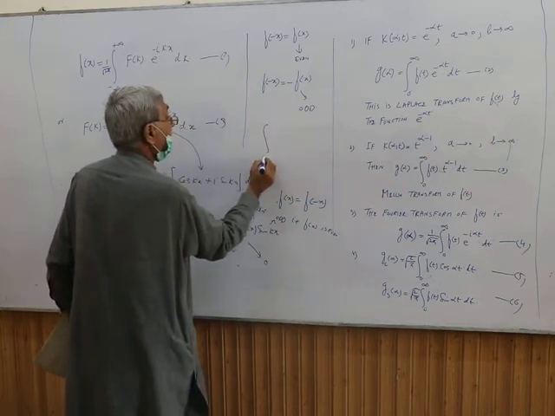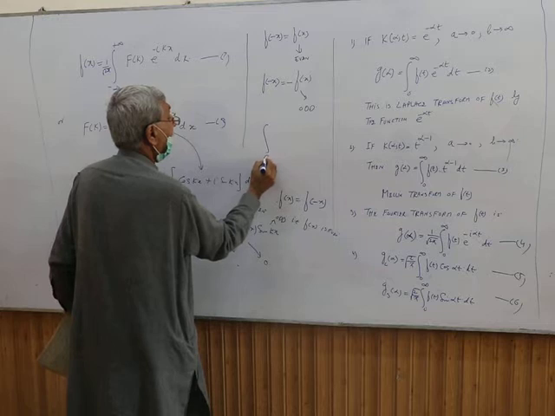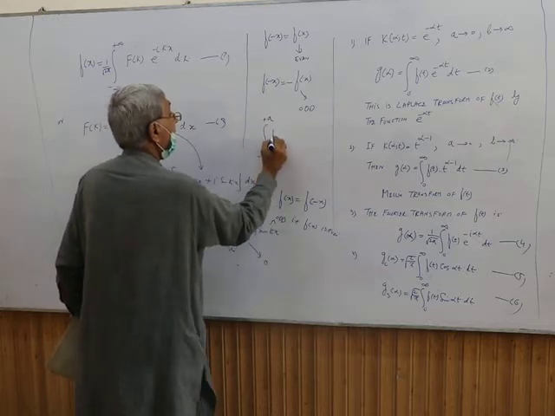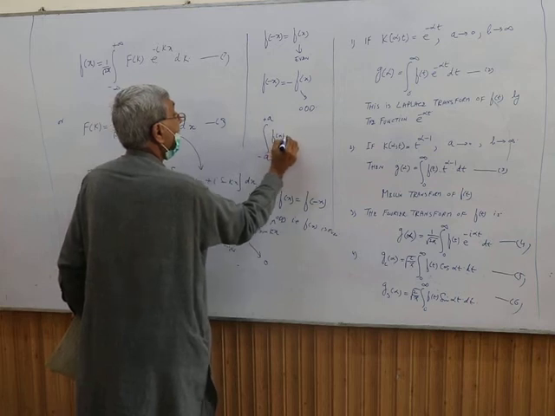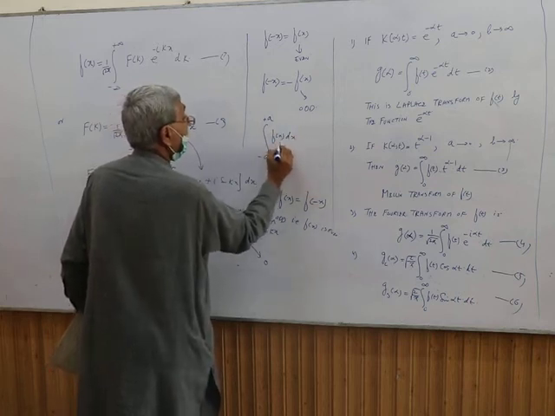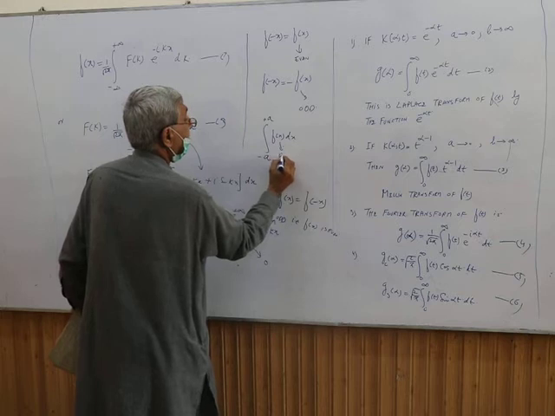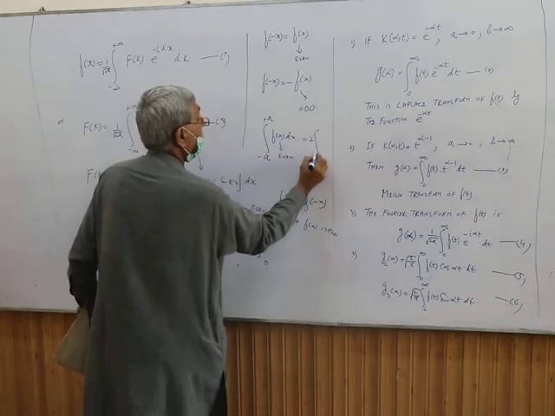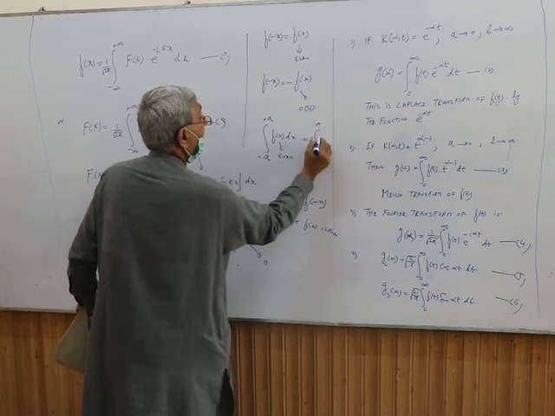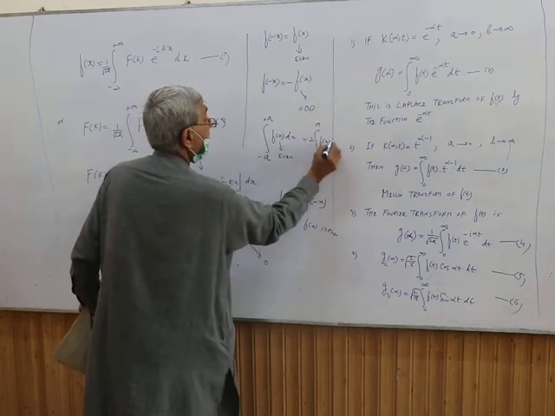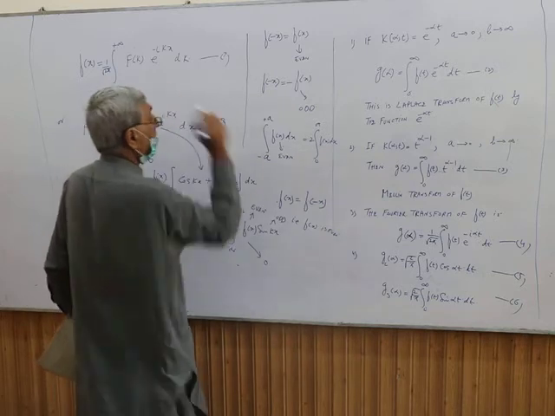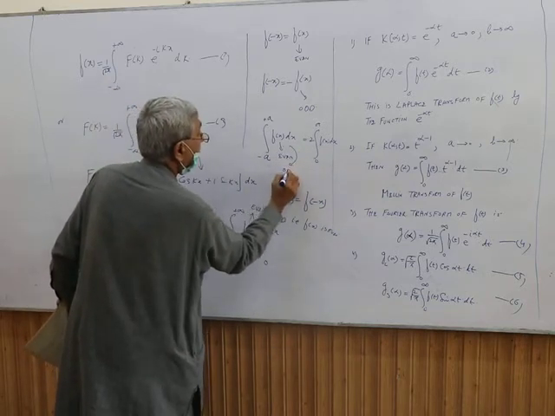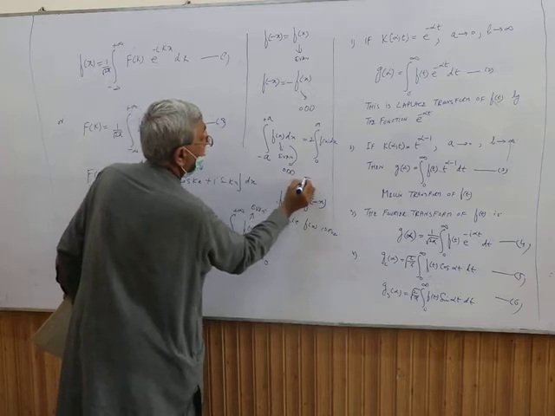For some limit, say minus a to plus a, of f(x) dx, if this is even, then you can write it as 2 times the integral from 0 to a of f(x) dx. On the other hand, if this is odd, then the result will be 0.